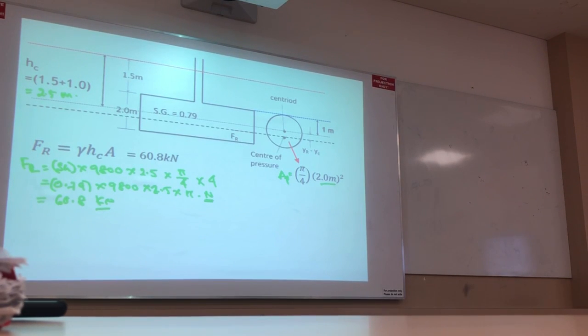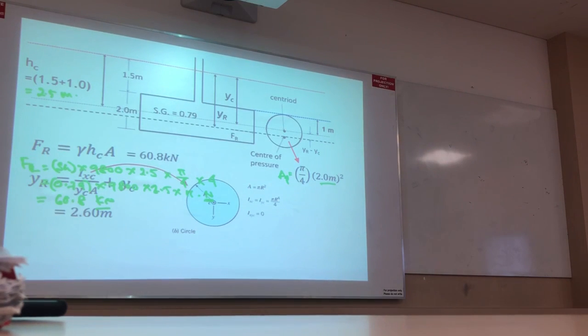Alright? So this indicates the location of the center of pressure. Now this is YC, I know HC and YR. Wait a minute, I remove this, because you can see, right? A equals pi r square, IXC is pi r to the power 4 by 4.